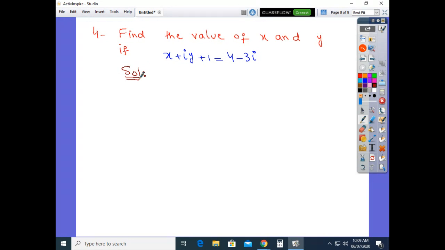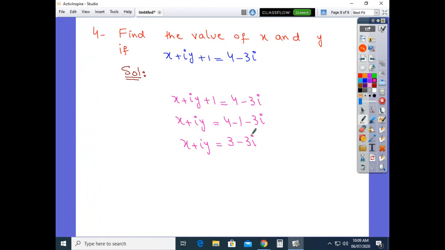Now we see that if we take this positive 1 to the right side, it becomes negative 1. If we subtract 1 from 4, we get 3, so we have 3 minus 3 iota.